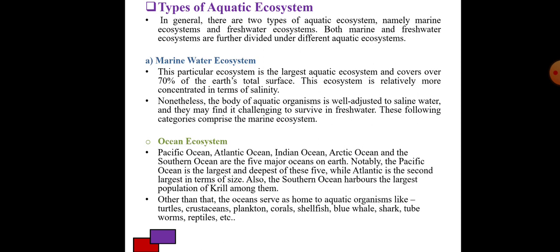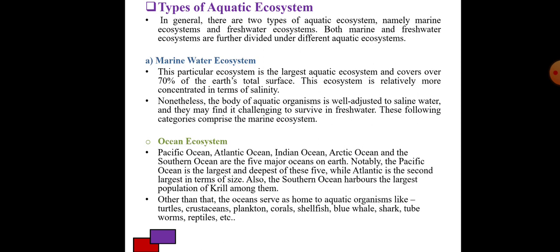So in general, there are two types of aquatic ecosystem, namely marine ecosystem and freshwater ecosystem. Both marine and freshwater ecosystems are further divided into different aquatic ecosystems, but the main ones are the two. First one marine water ecosystem and second one is freshwater ecosystem. So one by one we will discuss.